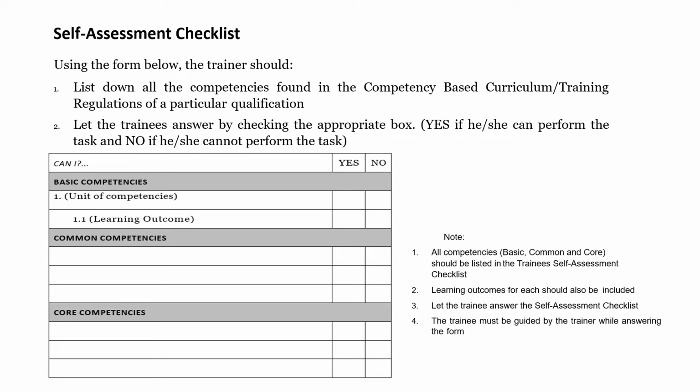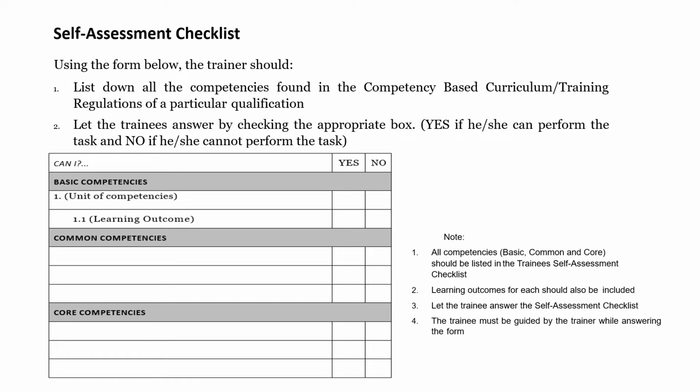For each, we have units of competency, and for each unit of competency there are specific learning outcomes. All that I mentioned, from the basic, common, and core with their units of competencies as well as their specific learning outcomes, you need to copy and transfer into this checklist.